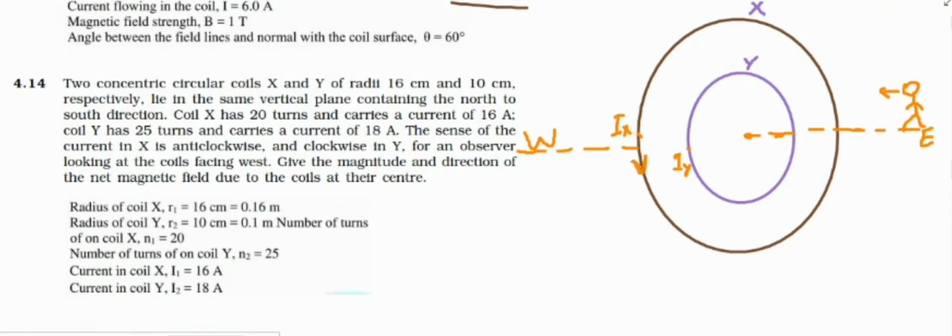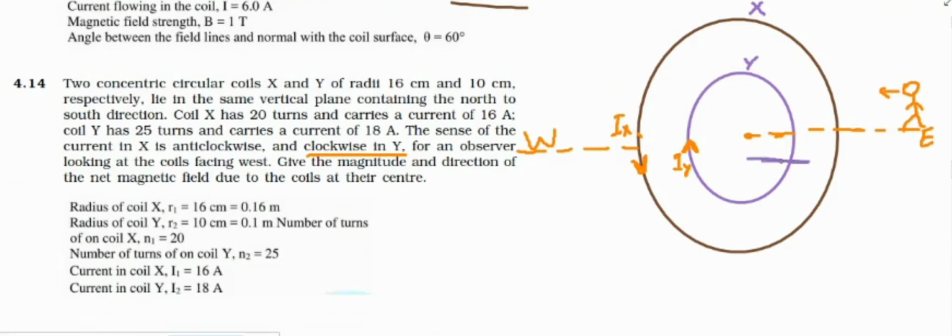Current in X is anti-clockwise, Ix, while Iy is clockwise. Current in Y is clockwise, which means for Y he is facing south pole.